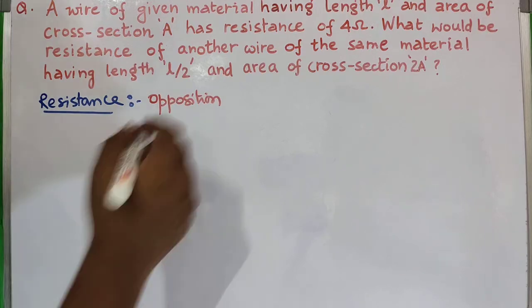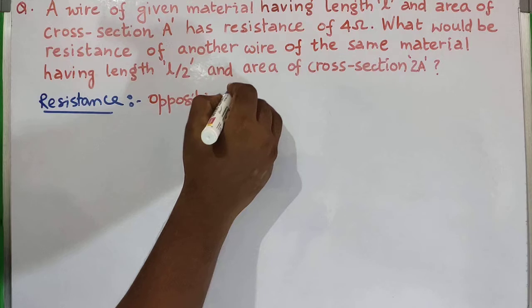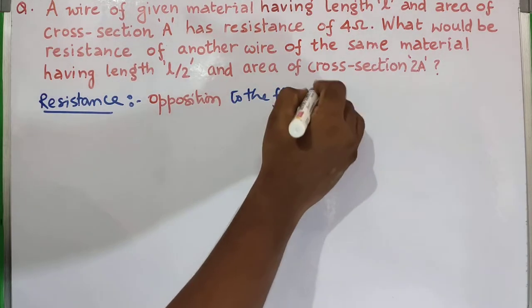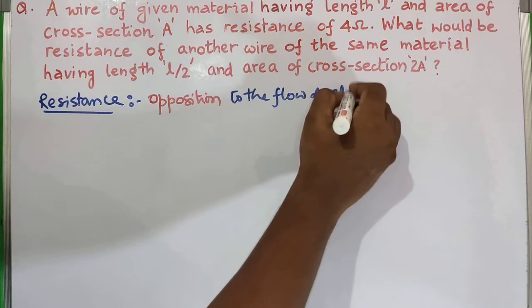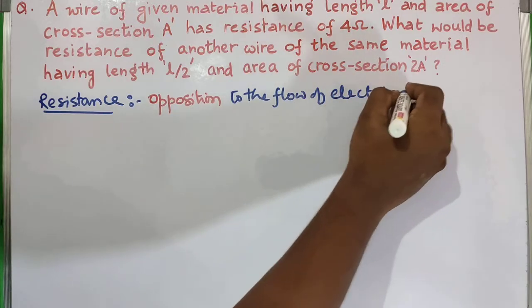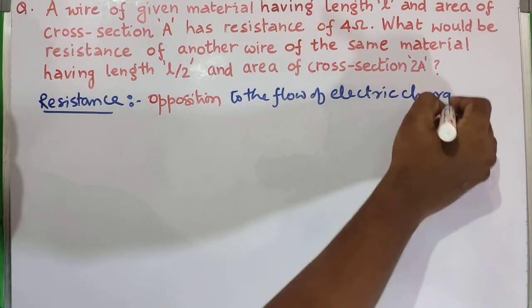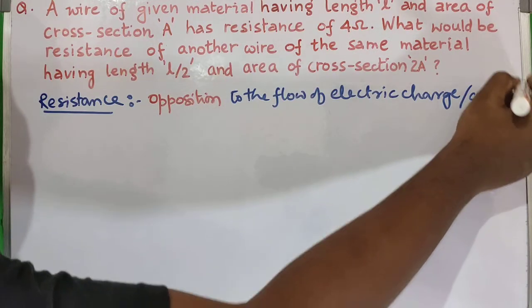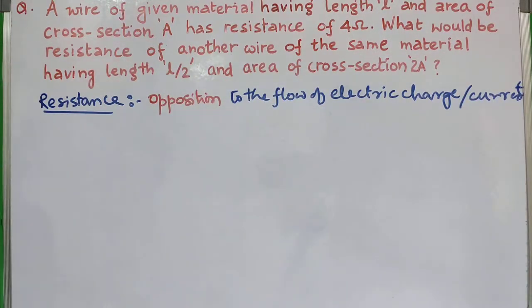So what is it opposing? It is opposing the flow of electric charges through a conductor, or you can say the flow of electric current. So who will show this resistance?